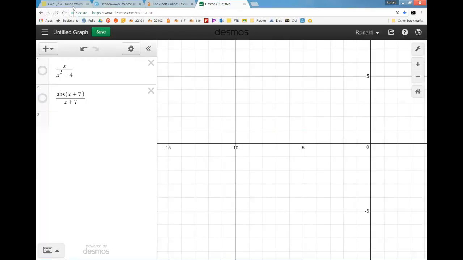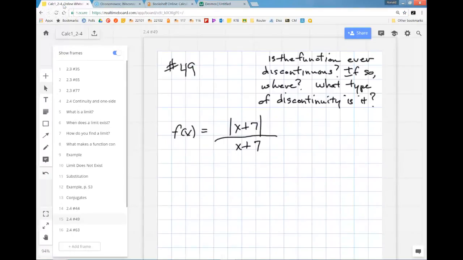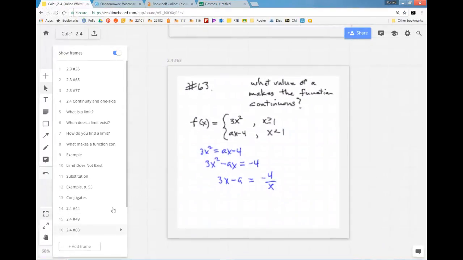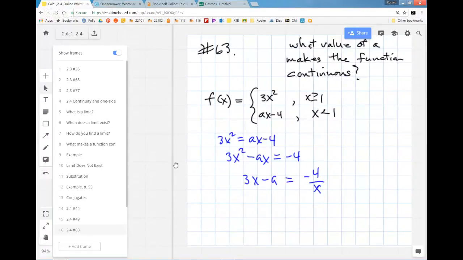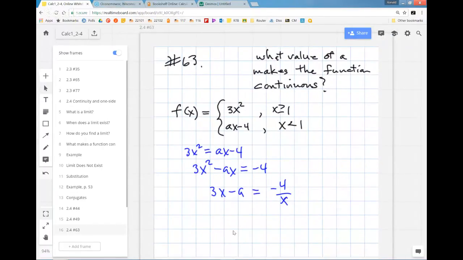All right, and then the last one. Just take a look at this problem. What value of a makes the function continuous? So sometimes you're going to get a piecewise function like this. And it says, what value of a will make this discontinuous? I'm sorry, will make it continuous.